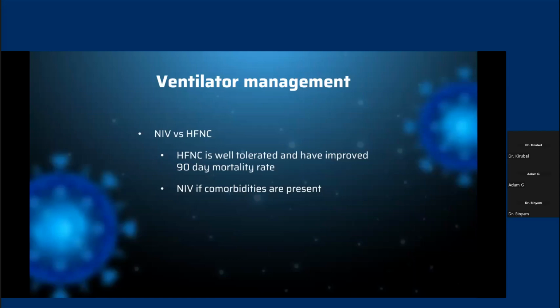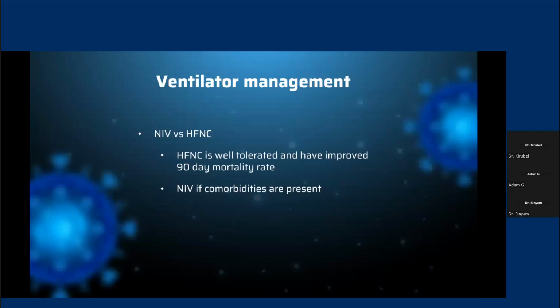A lot of literature is coming these days, and high-flow nasal cannula is well tolerated, and it is also showing improved mortality benefit. Okay, and why is it well tolerated? Because the high-flow nasal cannula is put on the nose, and the patient will be comfortable eating, drinking, and such. So the patient is much more comfortable.